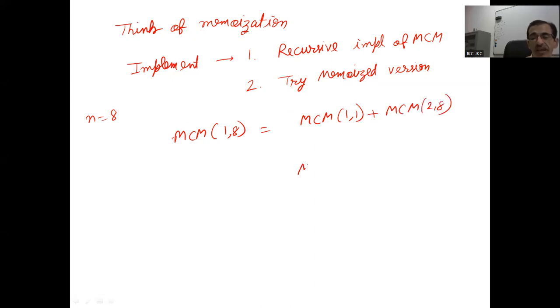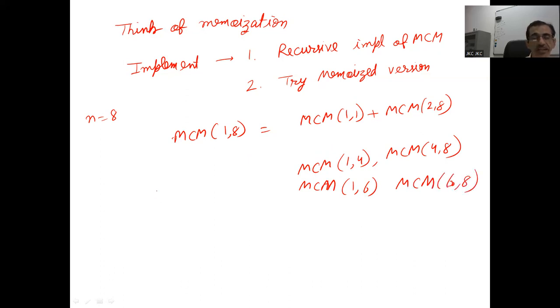And somewhere I'm going to have, let's say, MCM of 1, 4 and MCM of 4, 8. Take two cases, MCM of 1, 4, and let's say MCM of 1, 6 and MCM of 6, 8.